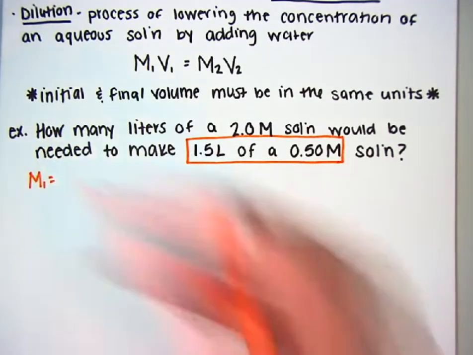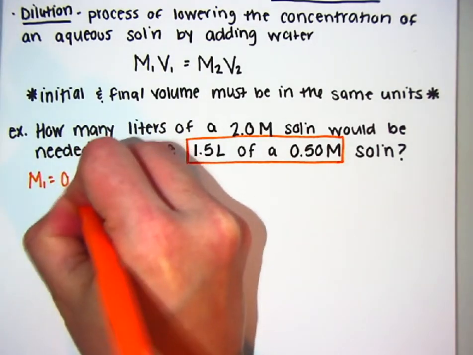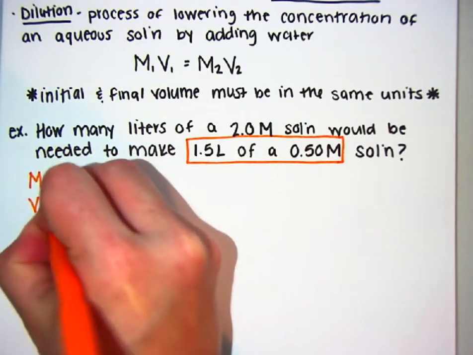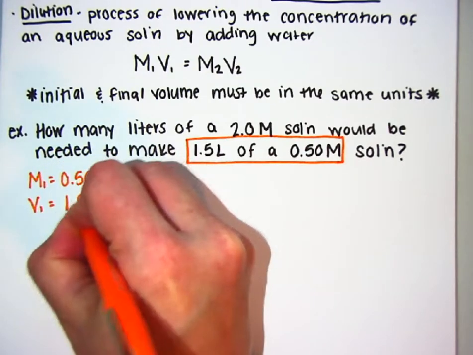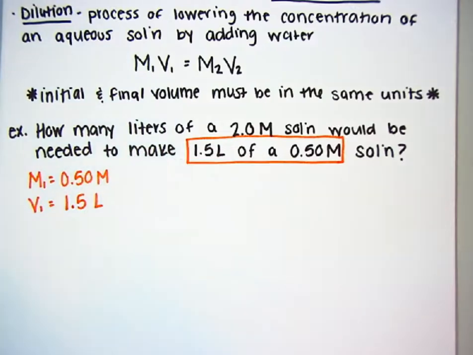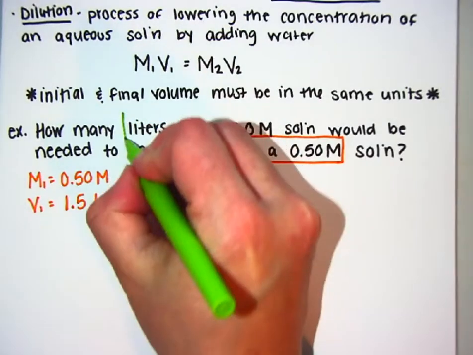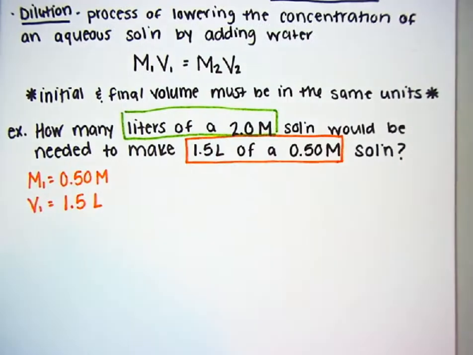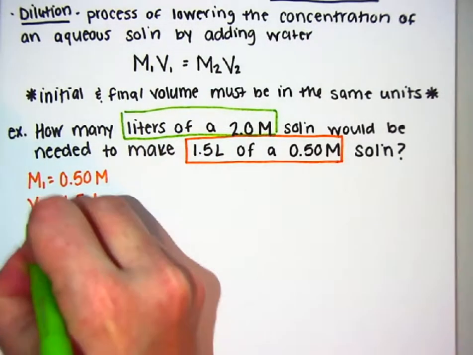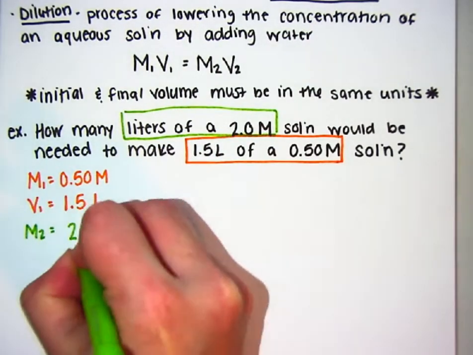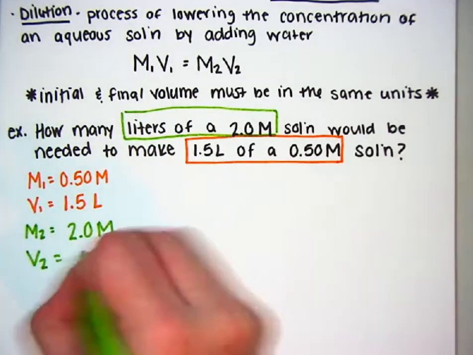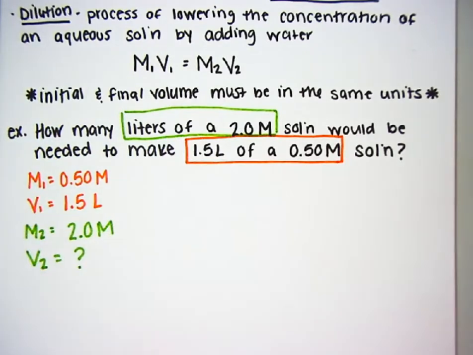So let's say M1 is 0.5 molar and V1 is 1.5 liters. We want to know how many liters of a 2 molar solution we need. So that means M2 would be 2.0 molar, and V2 is what we're solving for.